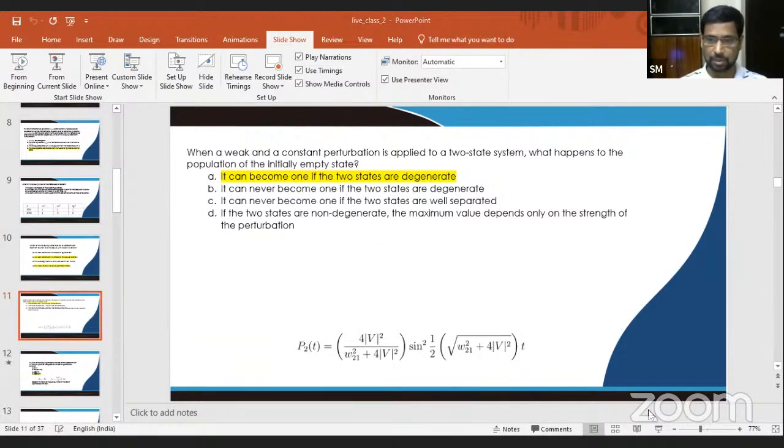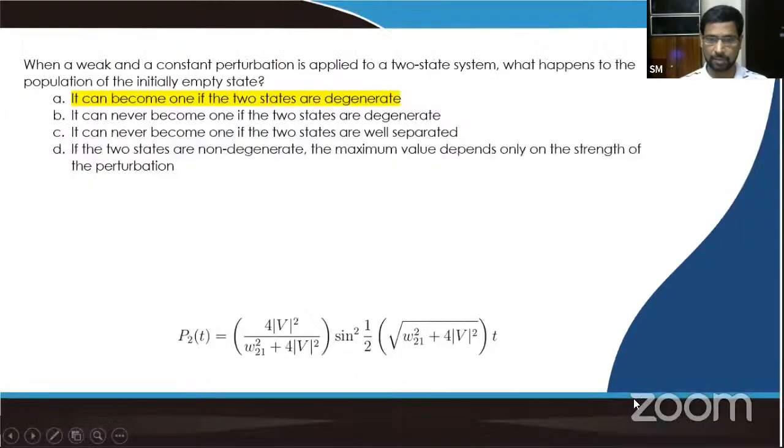We now take up a problem from time-dependent perturbation theory. This question reminds us about the two-state system. When we have a weak and constant perturbation applied to a two-state system, what happens to the population of the initially empty state?